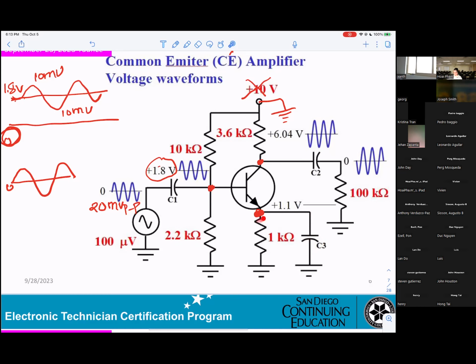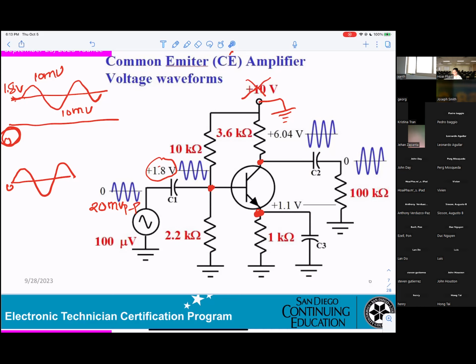That's why you get the sine wave here. So the AC current goes this way, and we don't need that. The current does not go to it.